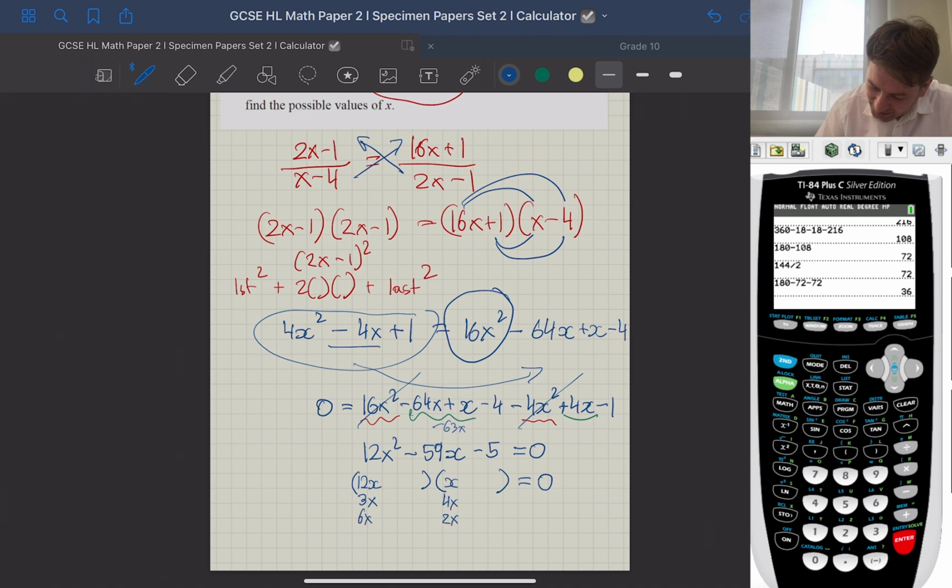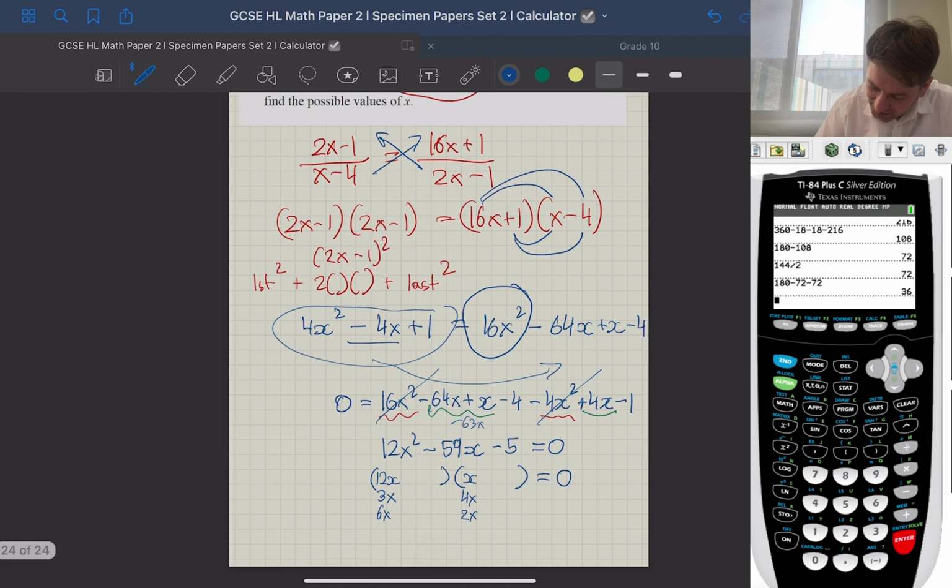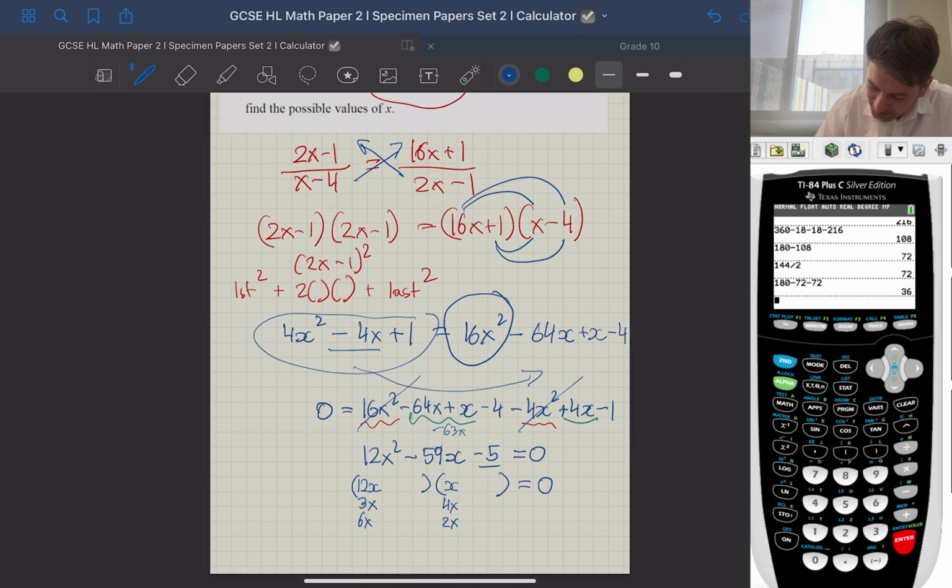So there's many options. You cannot be lazy. You have to try. But with the 5, fortunately, we only have two options. We have 5 and 1 and 1 and 5. And obviously with the other guys, we also could have x, 12x, 4x, 3x, because the order does matter here, 2x and 6x.